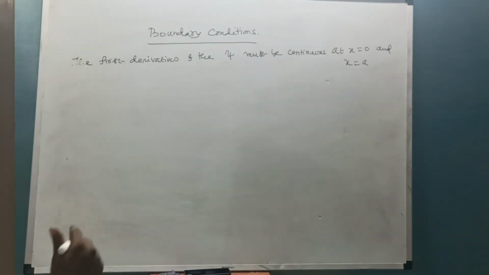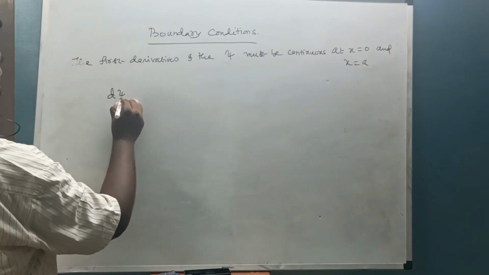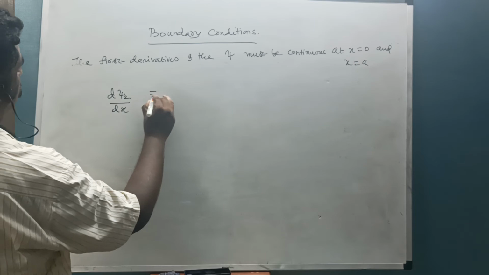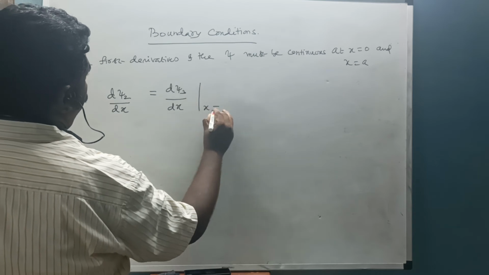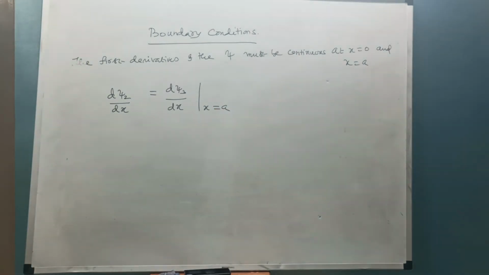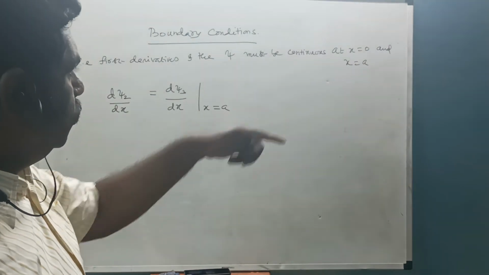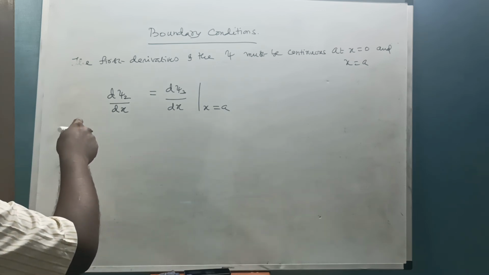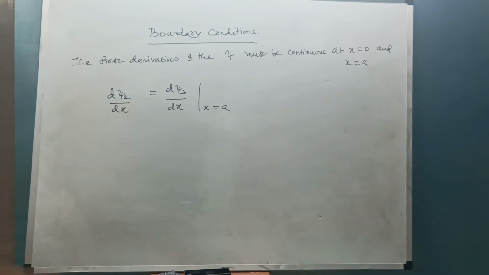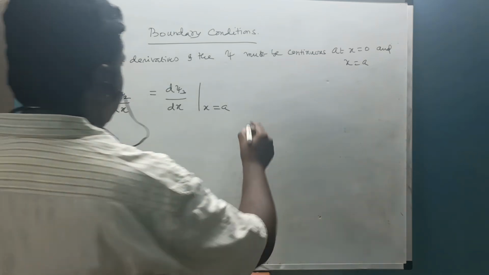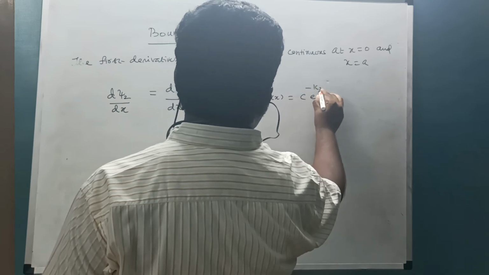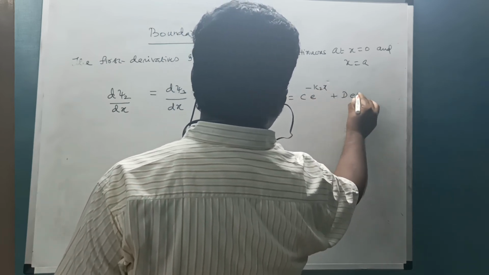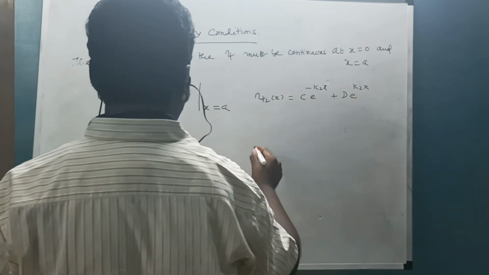Then the next boundary condition is d psi 2 by dx equal to d psi 3 by dx at x equal to a. In the previous case, d psi 1 by dx equal to d psi 2 by dx, we put x equal to 0. For d psi 2 by dx equal to d psi 3 by dx, we have to put x equal to a. You know that psi 2 of x equals c e^(-k2x) plus d e^(k2x).